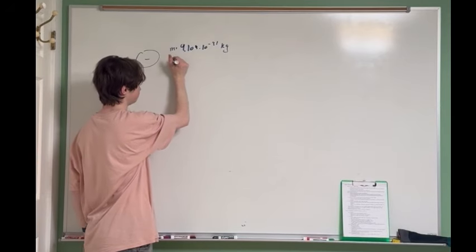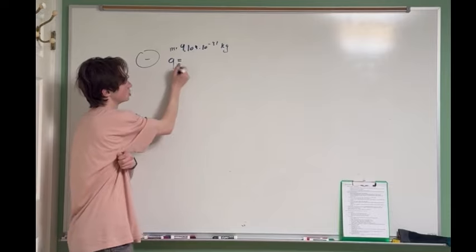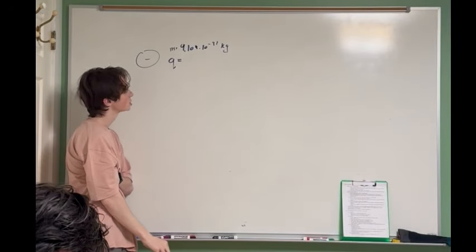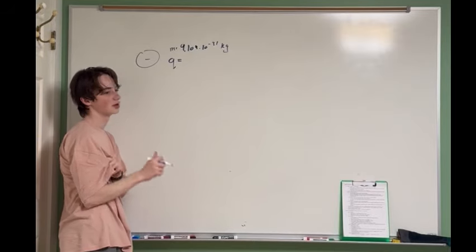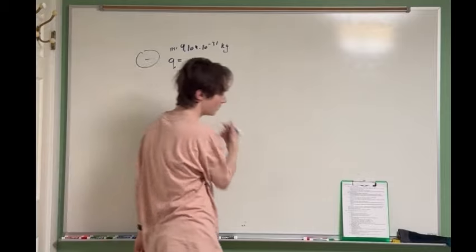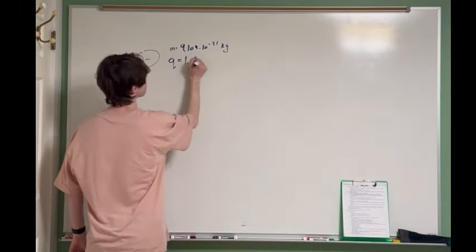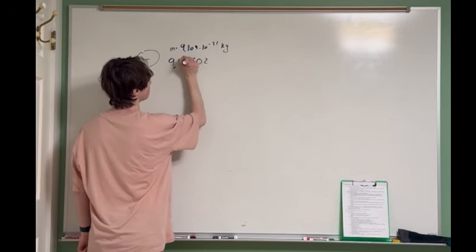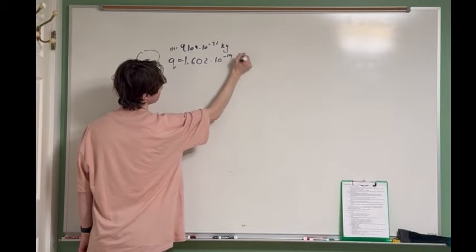Then it has a charge Q. Q is usually denoted as the charge of an object. Lowercase q is sometimes a point charge, and capital Q is more like a big amount of charge, but they're kind of interchangeable. It has a charge of negative 1.602 times 10 to the negative 19 coulombs.